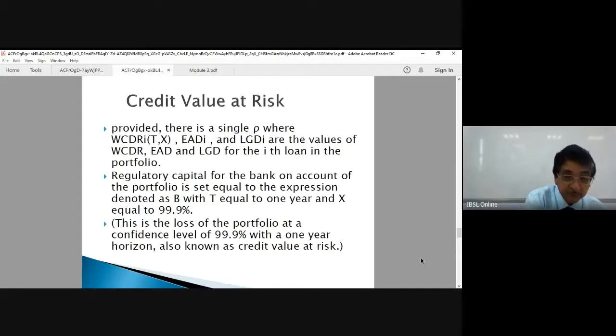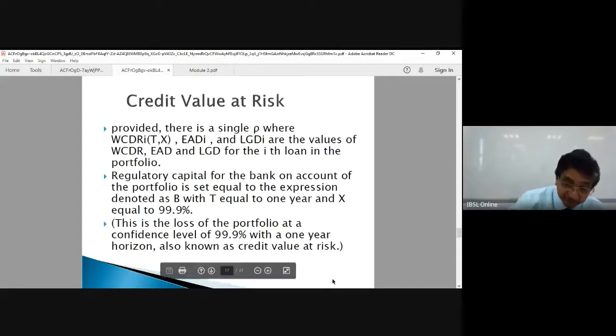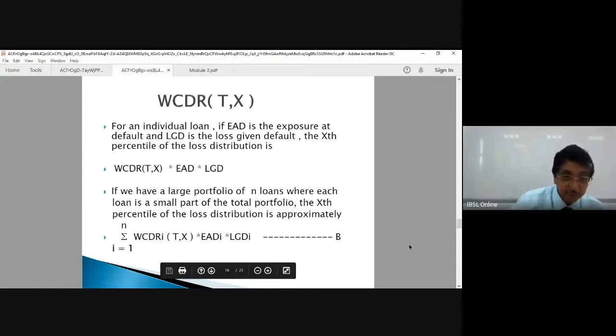Now there is an expression. I'll show you again. This is the sigma, i equals 1 to n, which means you need to get WCDR_1 into EAD_1 into LGD_1, plus WCDR_2 into EAD_2 into LGD_2.